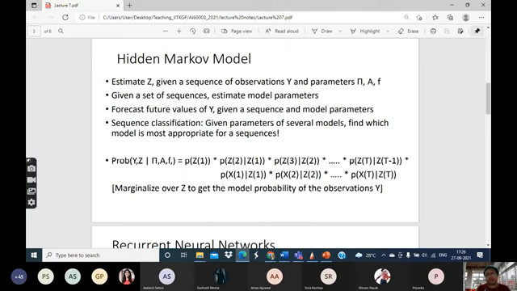Sequence classification is like this: suppose you have different time series, let's say the labor market time series for different people. By looking at those time series, you are trying to classify which sector a particular person belongs to.